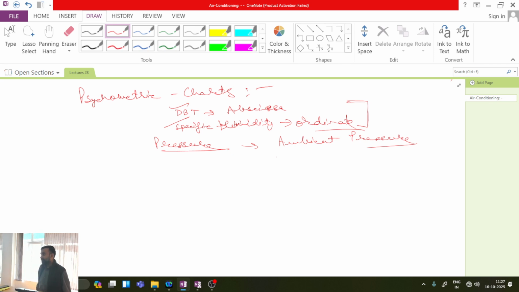And second important fact is the viscosity of moist air is very, very less. So being the very less viscosity of moist air, the amount of pressure drop from one location within the component to another location is actually very, very less.